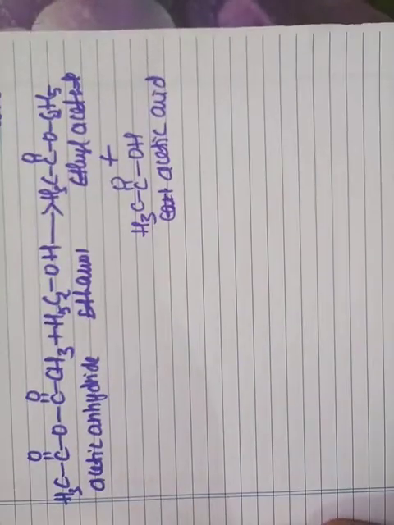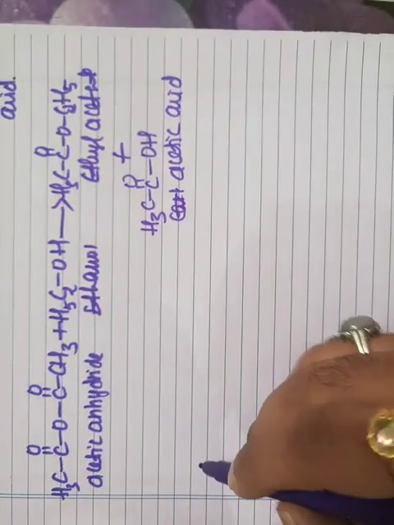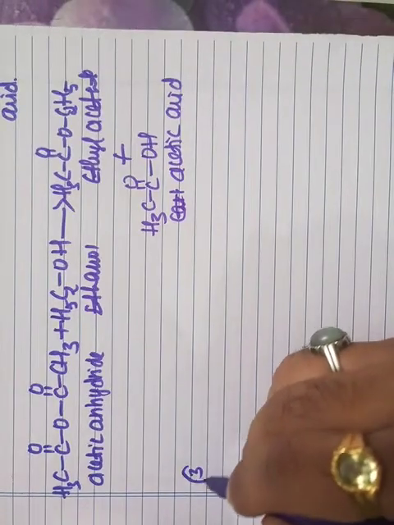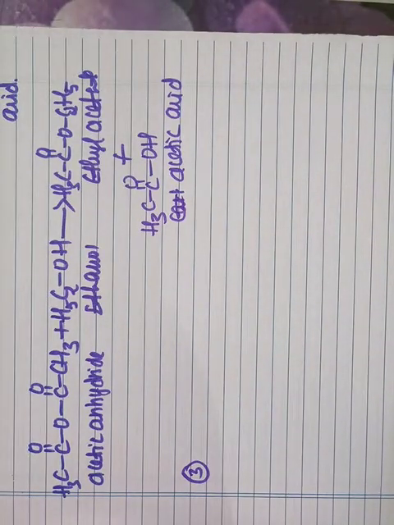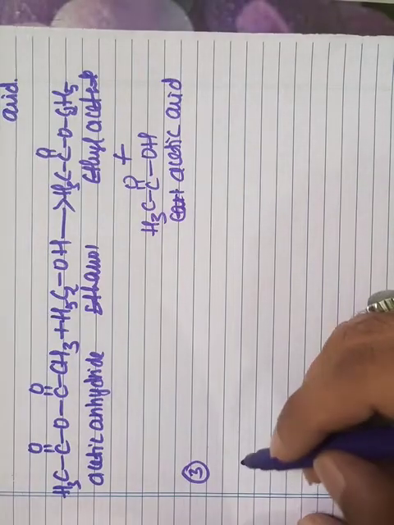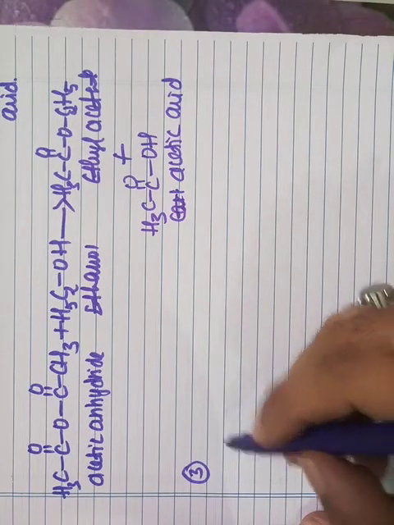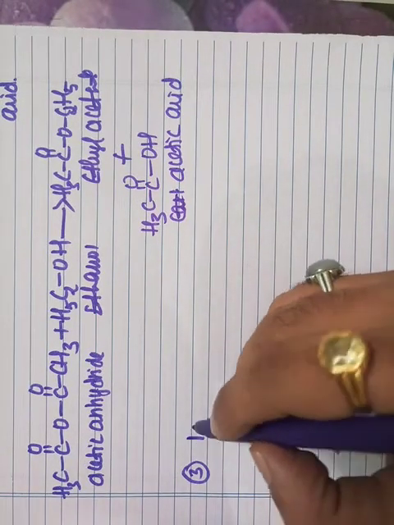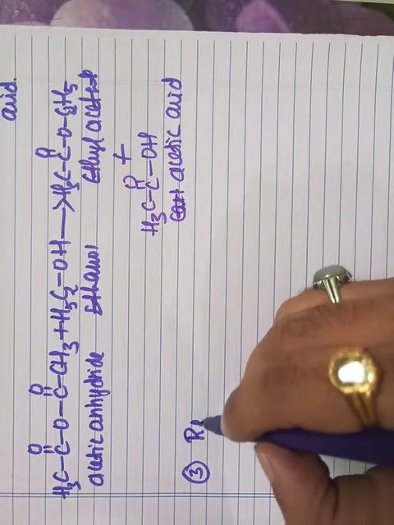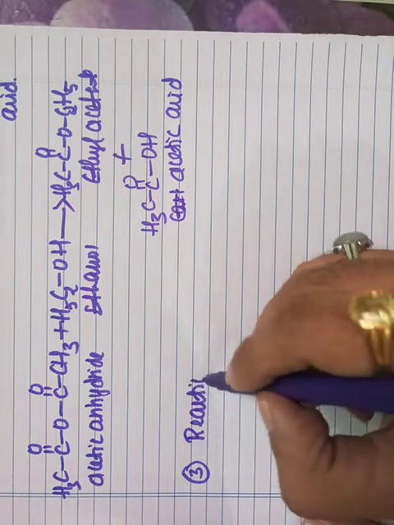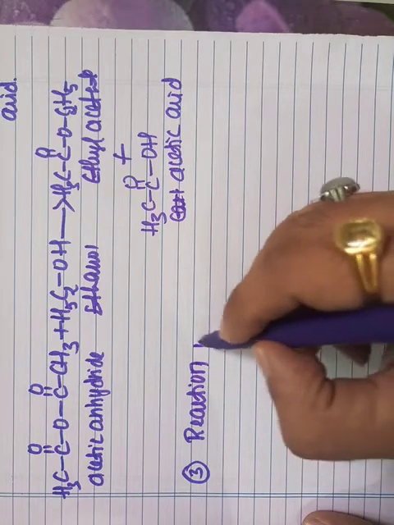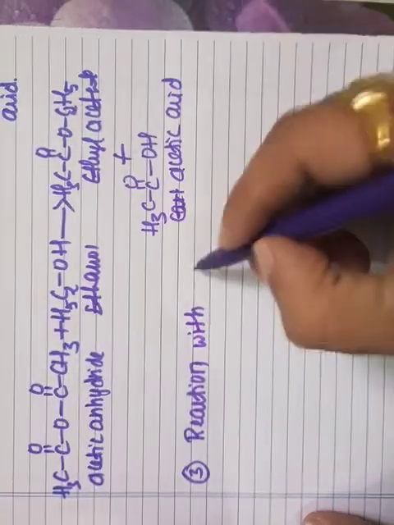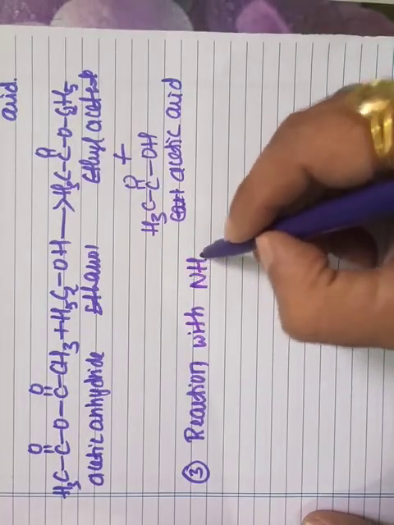So next let us move on to some other properties of these acid anhydrides. Let us see how these acid anhydrides react with ammonia. So that is reaction with ammonia.